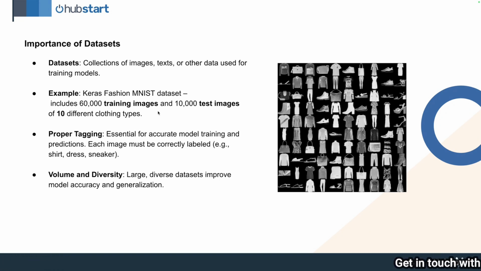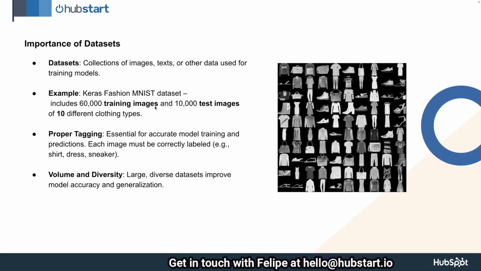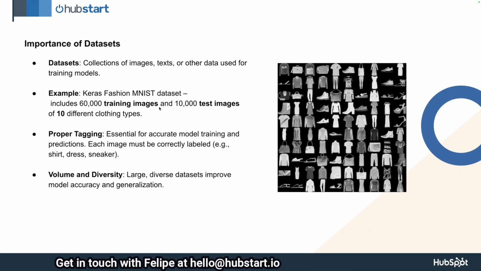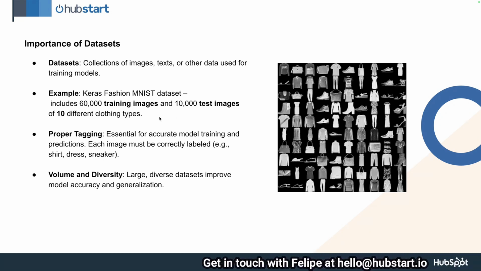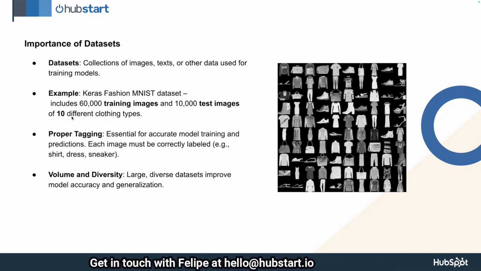Okay. Our model is going to use these 60,000 training images, create a model, and make its guess on these 10,000 test images, classifying each with one of these clothing types. I'm going to show you more about this later in the code.